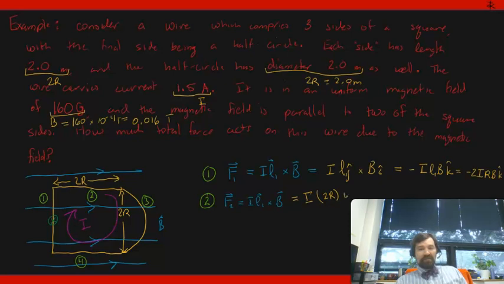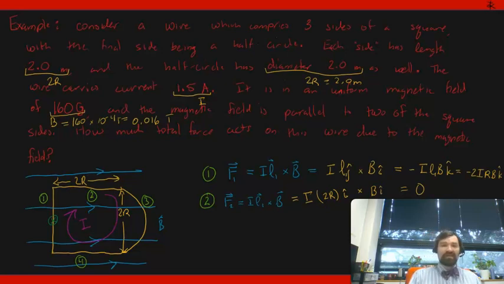And then it's in the i hat direction now. Along here, the current is pointing to the right, so this is the i hat direction. We're crossing that with B times i hat. i hat cross i hat is 0. So we just have 0 for side 2.